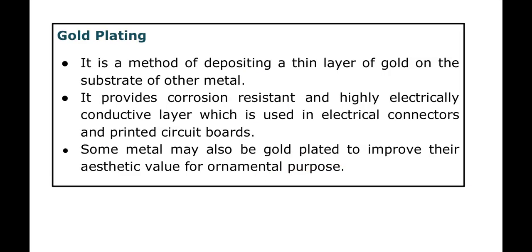Let us discuss gold plating. It is a method of depositing a thin layer of gold on the substrate of another metal, and most often the substrate is silver or copper. It provides a corrosion resistant and highly electrically conductive layer, which is used in electrical connectors and printed circuit boards also.